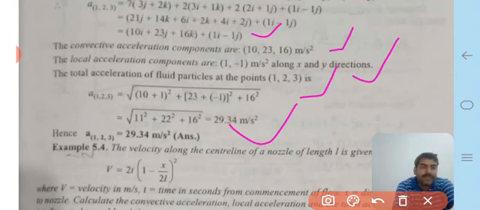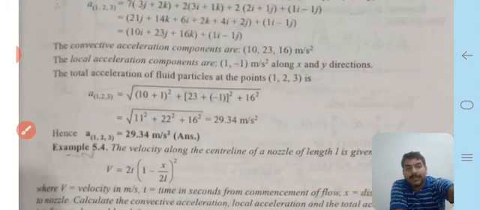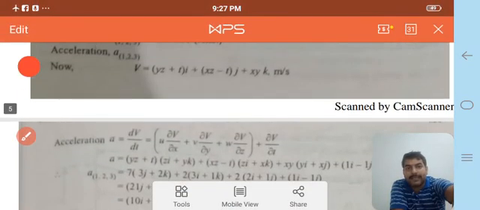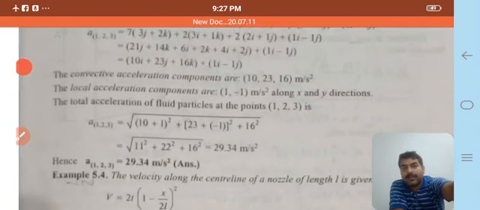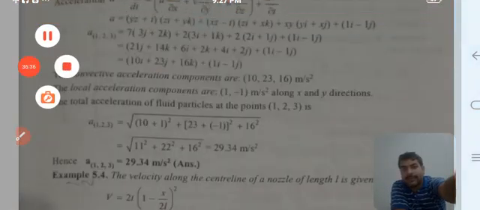Hence the acceleration at point (1, 2, 3) is 29.3 meter per second square, which answers the question.